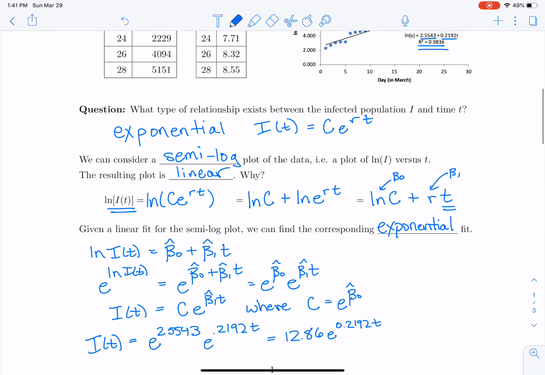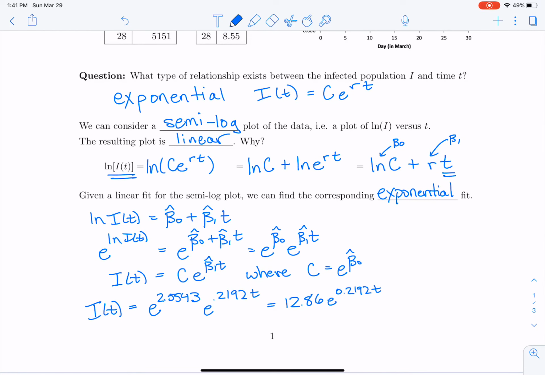That's helpful because now we have the best fit exponential function, but can we understand what it means? This is 12.86, and then e to a number times t, we can think about as e to that number to the t power. It's another way to look at it. So this is 12.86 times 1.245 to the t power. That's what e to the 0.2192 is.